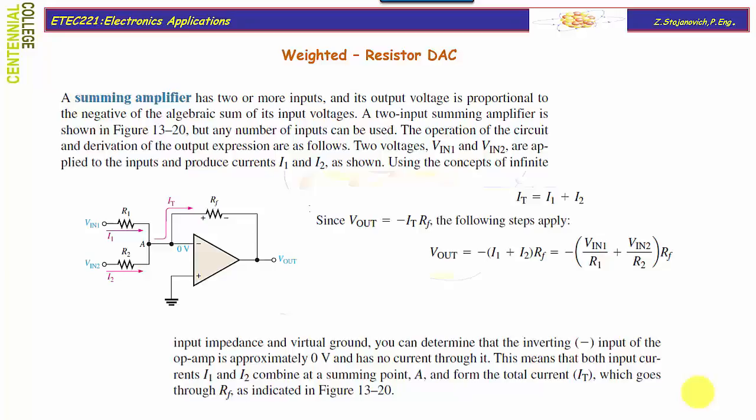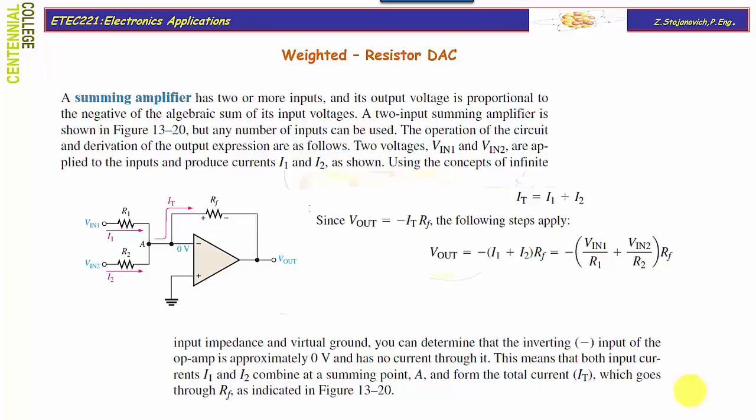Now let me remind you that because of this very small differential voltage at the input, the potential at the inverting terminal is very close to ground, to zero. So that's why we call it virtual ground. And because the input impedance of the op-amp is very, very high, the current flowing into the op-amp will be very small compared to the sum of currents I1 and I2.